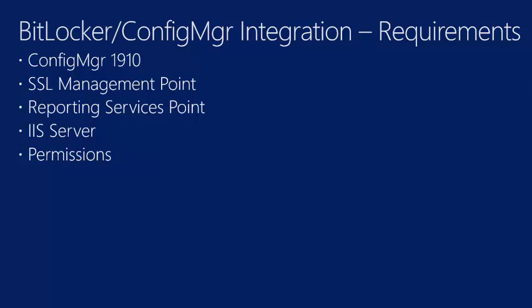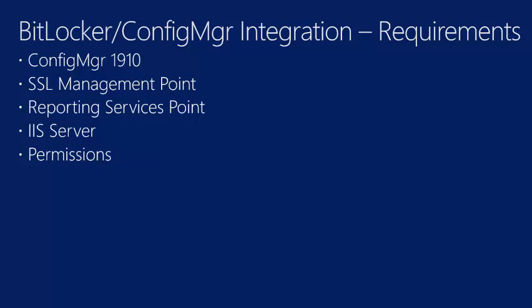Reporting services, right? We need a reporting services point in order to stage the BitLocker reports and have them out there. And then I already mentioned the IIS server. I'll mention this again, though. There's one component that we do document. It's in the documentation that we require, and that's ASP.NET 4.0 in order to install these portals. Make sure you have it there, because if you don't, you're going to have challenges, and it might not look familiar at first.